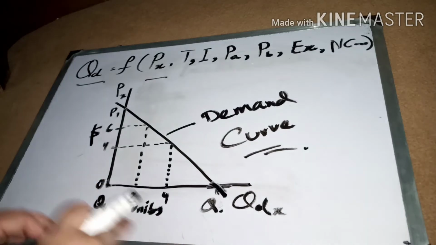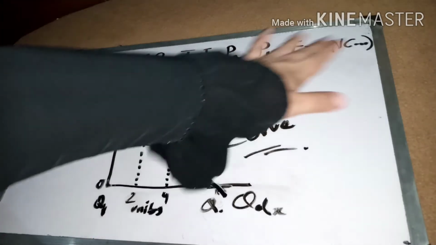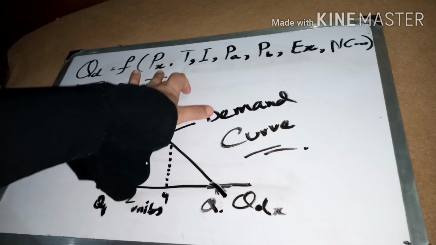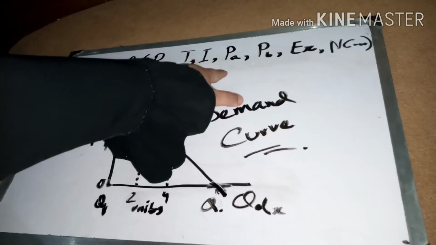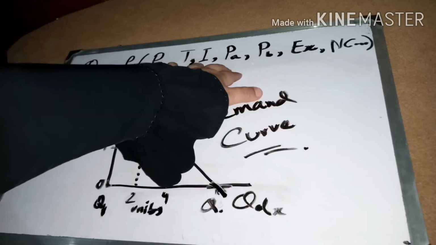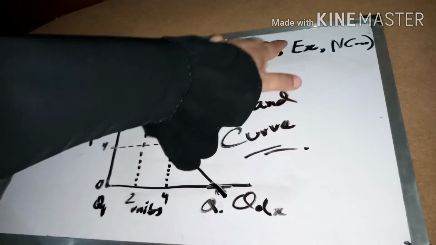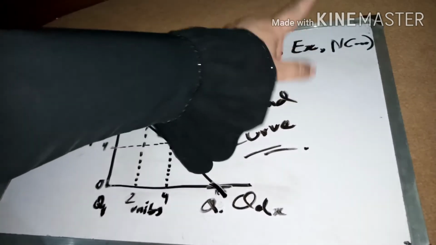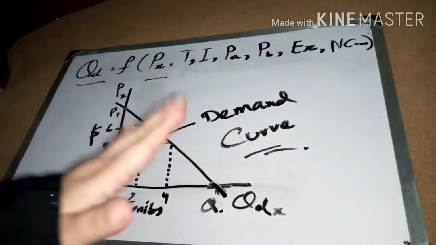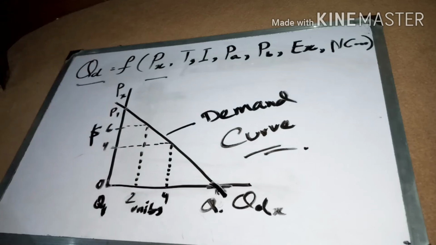It says that we have to hold all the other factors constant, like consumers' tastes and preferences, income, the prices of related goods, either complementary or substitute goods, future expectations of price changes, and the number of consumers, and so on.